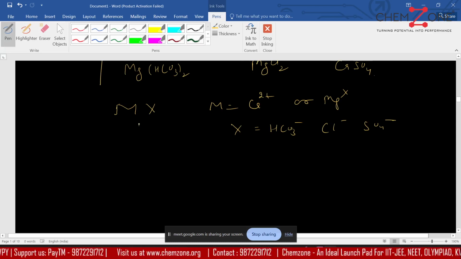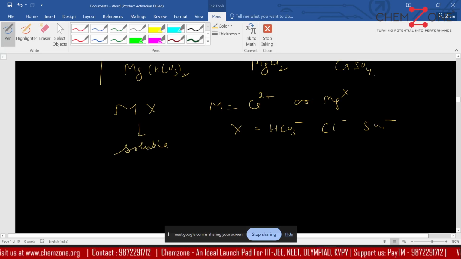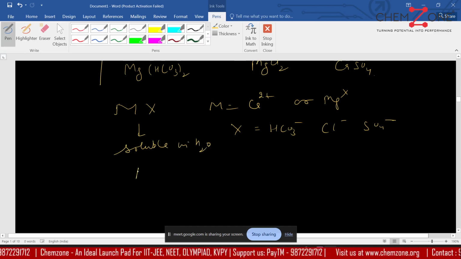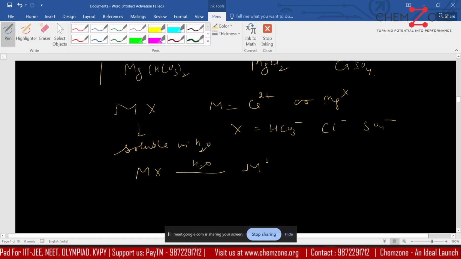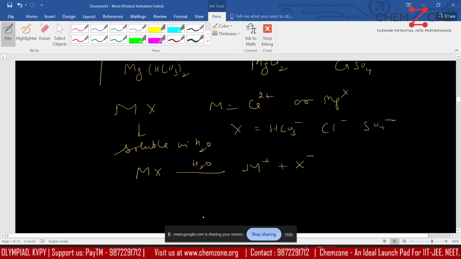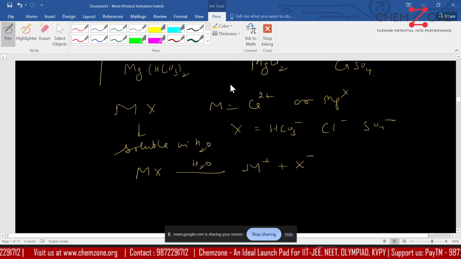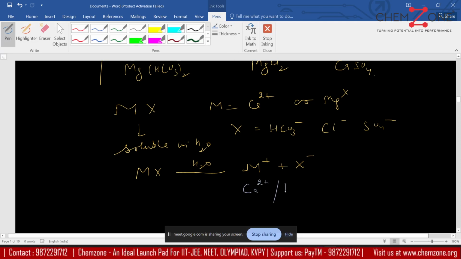This is soluble in water. It means this MX in water dissociates to give ions. It means in the water I have freely available calcium ions or magnesium ions.